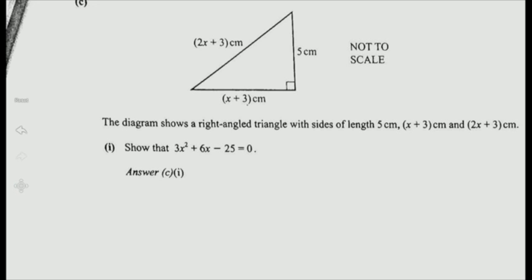Calculate the area of the triangle. So the same triangle here, the area is half base times height. The base is x plus 3, and the height is 5. So it will be half multiplied by x plus 3 multiplied by 5.